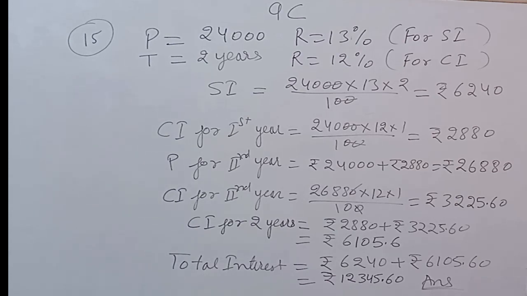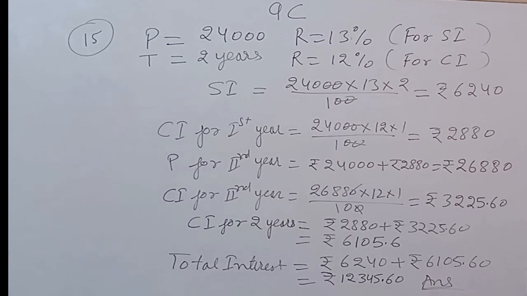Now CI for the first year equal to 24,000 into 12 into 1, 12 because the rate of interest for CI is 12. So 24,000 into 12 into 1 upon 100, that is rupees 2,880. Now the principal for the second year equal to 24,000 plus 2,880, that is 26,880. Now CI for the second year equal to 26,880 into 12 into 1 upon 100, that is rupees 3,225.60.